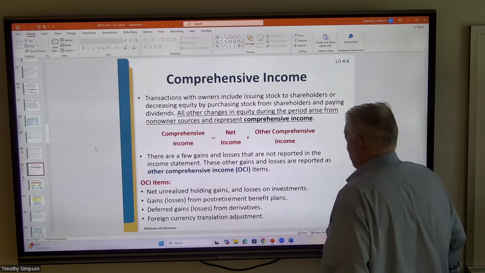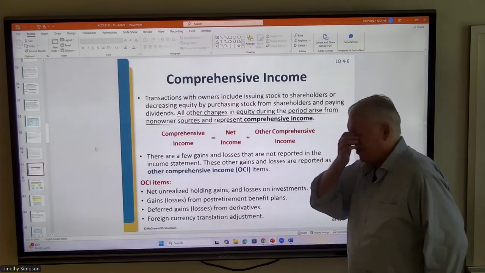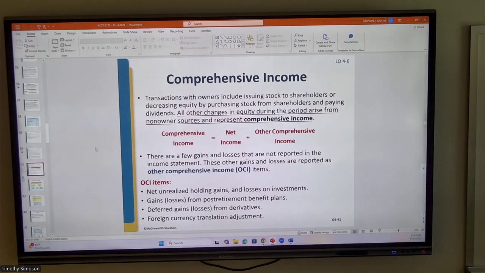Deferred gains or losses from derivatives. Derivatives are simply financial instruments that allow companies to do a lot of different things, particularly, as we noted in the Apple example, hedging transactions, where a company will take a position that offsets its main projected position in order to mitigate the downside loss and whatnot.